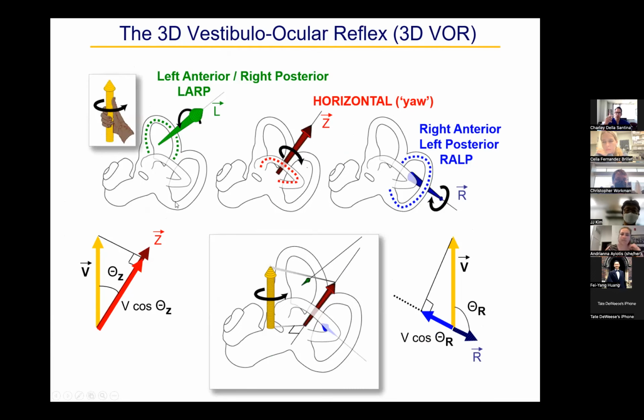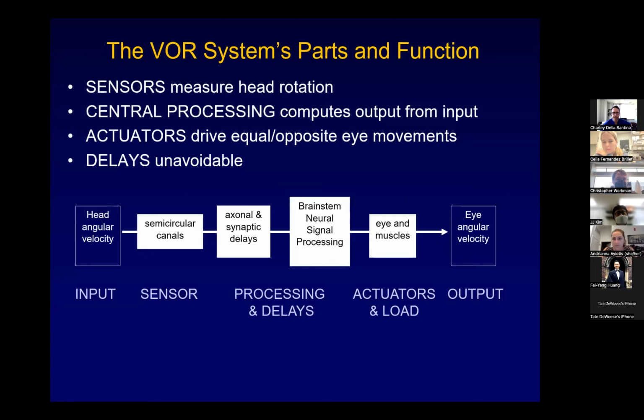They're actually hooked up perpendicular to each other, so that each one of them is listening to the single component of head rotation that is aligned with its axis. And you're getting out a sort of three-dimensional vector representation of head angular velocity as reported by your vestibular nerve all the time.